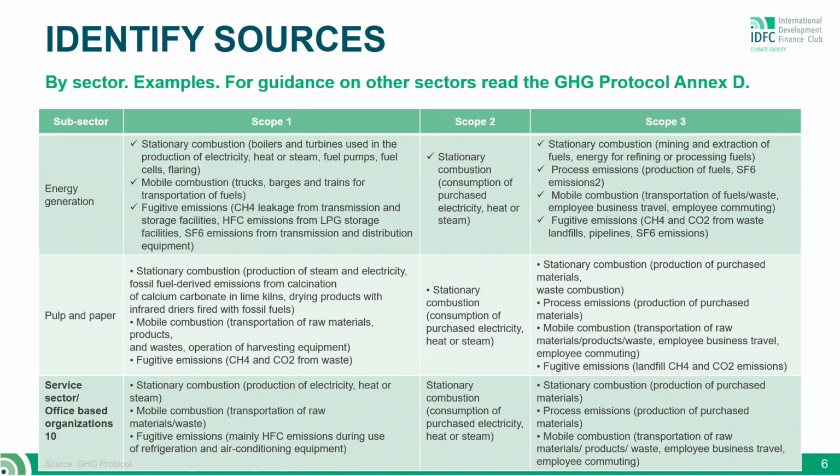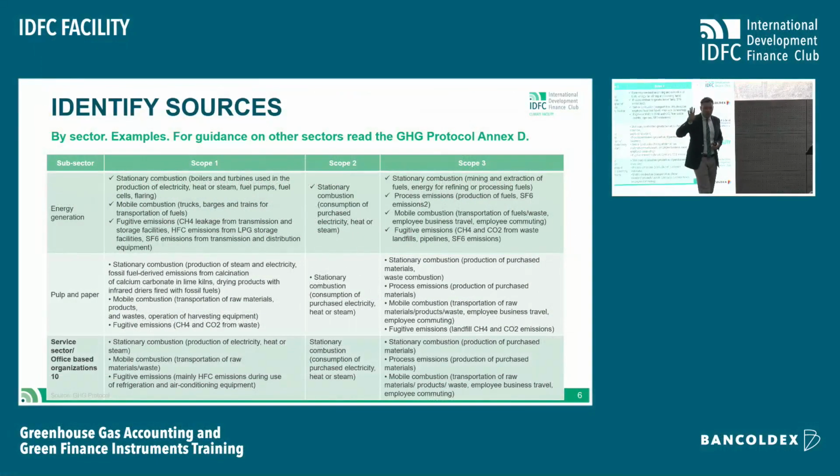You have the subsector, and you have scope 1, 2, and 3. These are examples of emission sources that are typical for this sector. This makes it easier for an institution from this sector to actually define the emission sources.